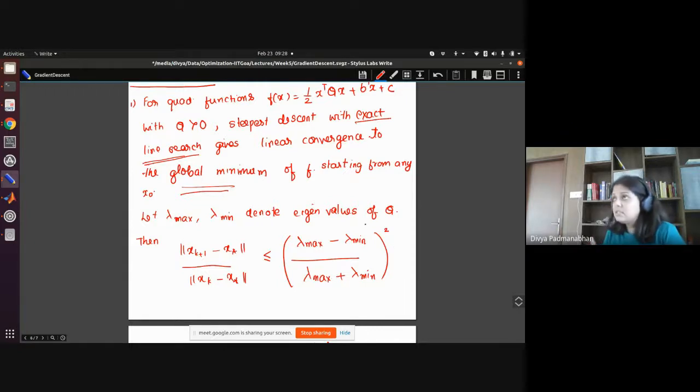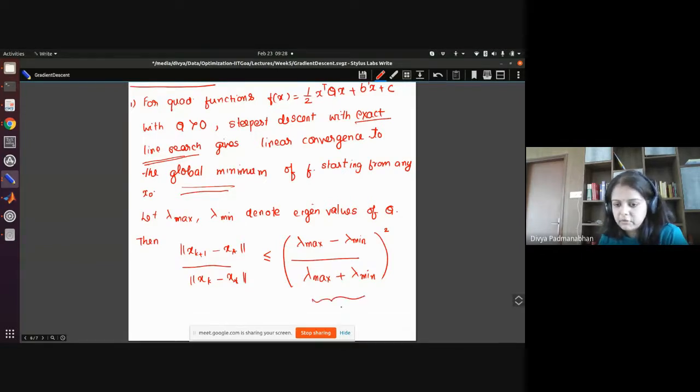What happens is if the eigenvalues are very close by, then this factor becomes very small, right? So this lambda max minus lambda min is a very small number, and so that is faster. So this is going to be the gamma value, and that is smaller. And so the overall algorithm will be fast for such quadratic functions.